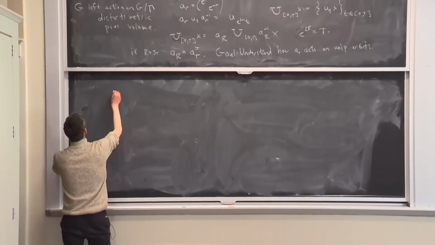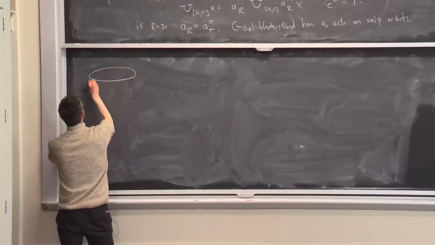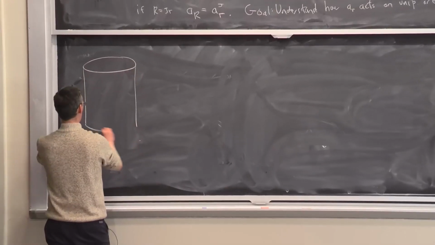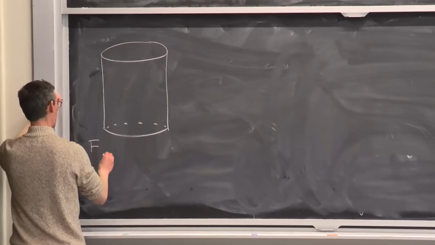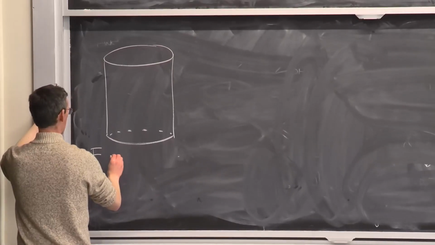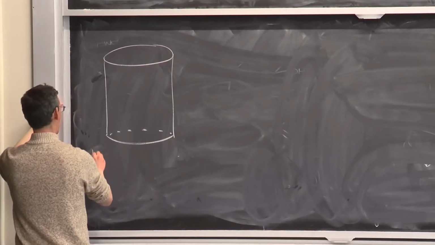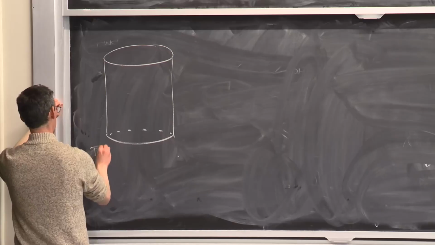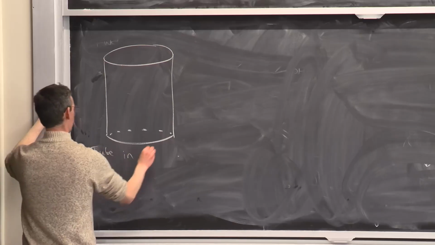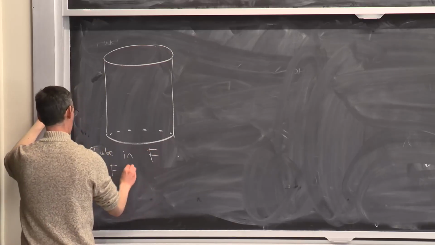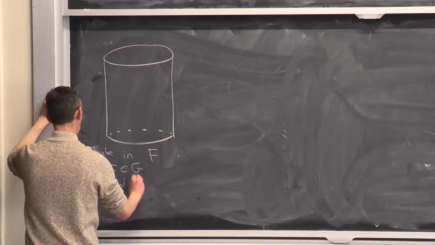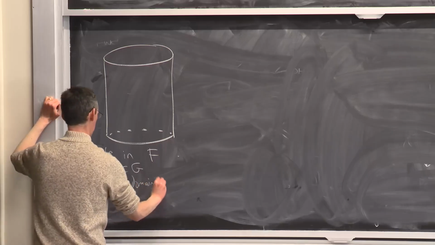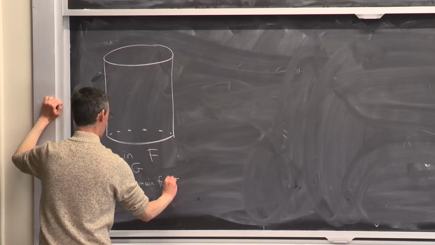OK. So over here, a shape that I'll draw as being kind of a cylinder. And this is a fundamental domain. So this is either the whole fundamental domain or maybe a tube in F. So F is sitting in the group G, and it's a fundamental domain for G mod gamma.